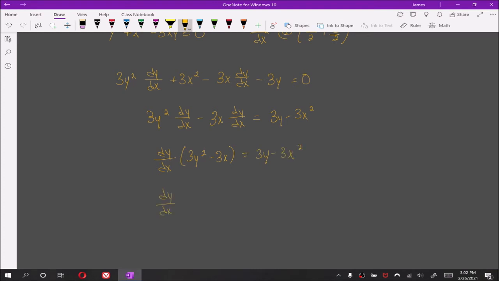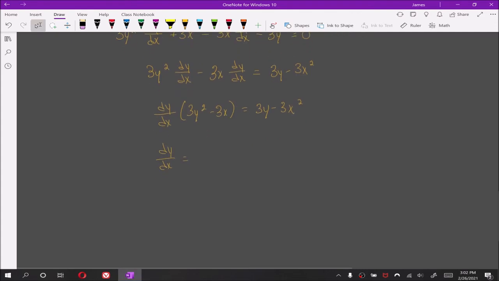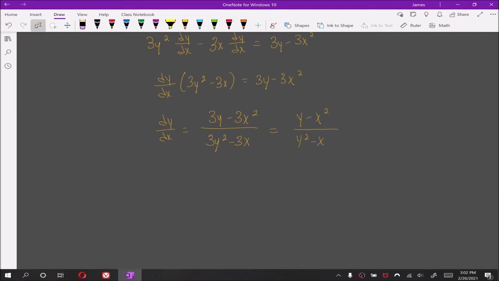Then finally solving for dy/dx, 3y minus 3x squared all over 3y squared minus 3x. And those 3's can cancel, so we can write this as (y minus x squared) over (y squared minus x). Now we're not done yet.